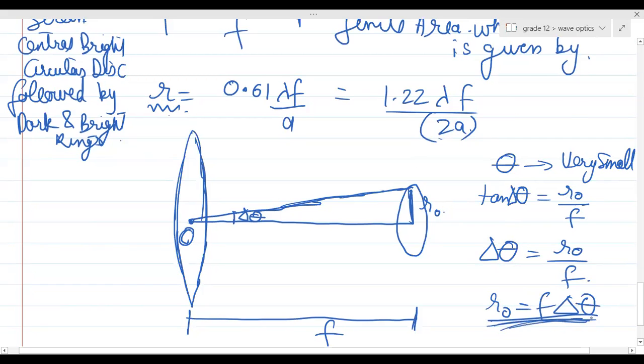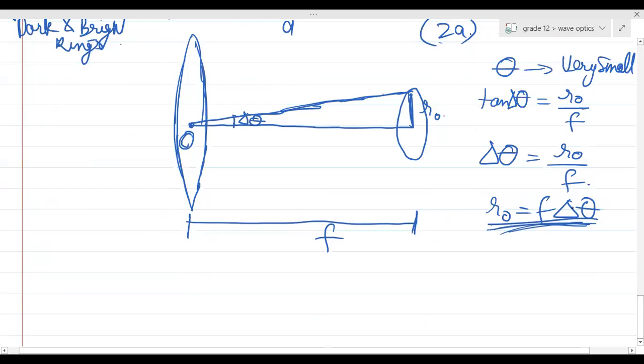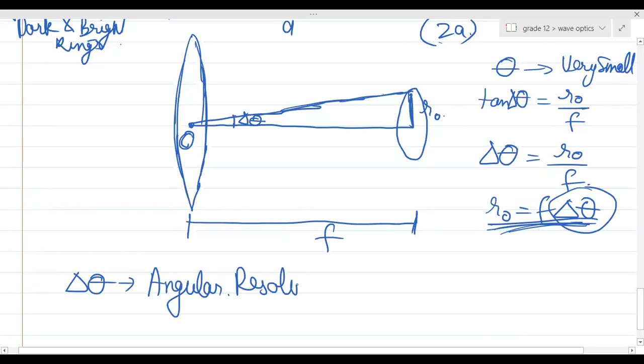Now sir, why are we doing this? Because we want this particular delta theta. This delta theta is basically called the angular resolving power.